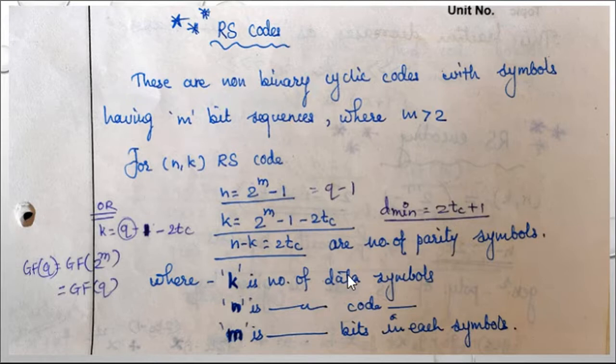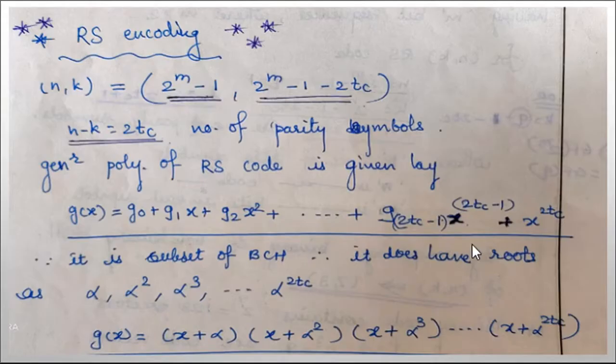Now let's look at how to go for the encoding in the case of RS codes. Before proceeding to the encoding of RS, let's revise what exactly the encoding steps for the BCH were. In case of the BCH encoding, we have seen g of x is obtained with the LCM of phi 1, phi 2, phi 3 up to phi 2tc. What is phi here? Phi was nothing but the minimal polynomial.